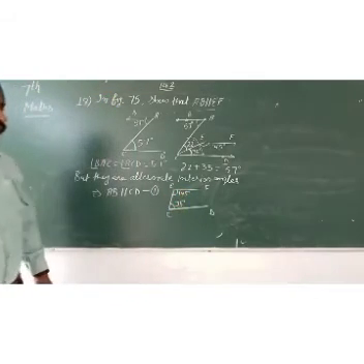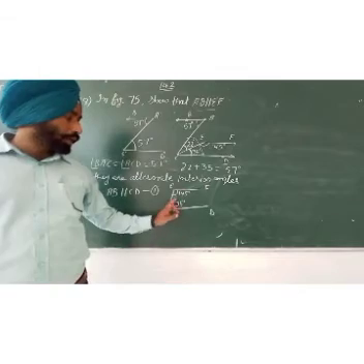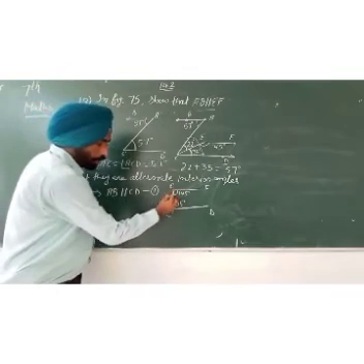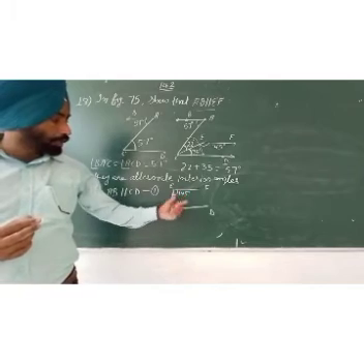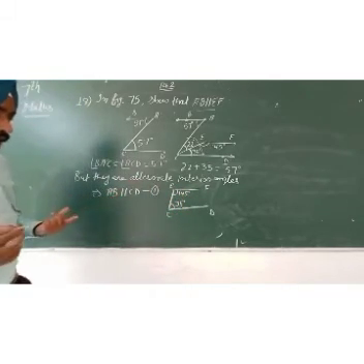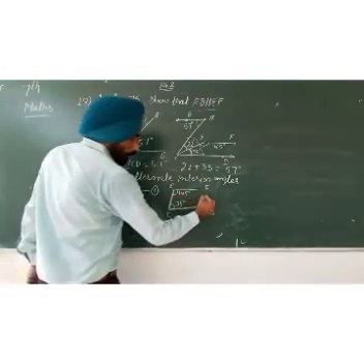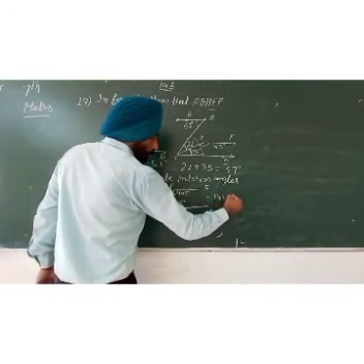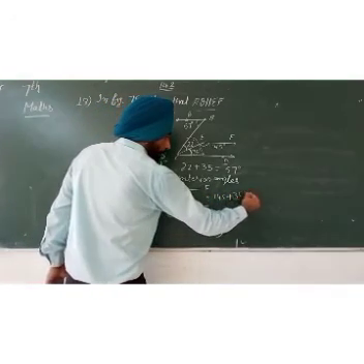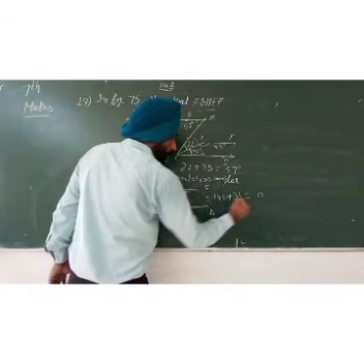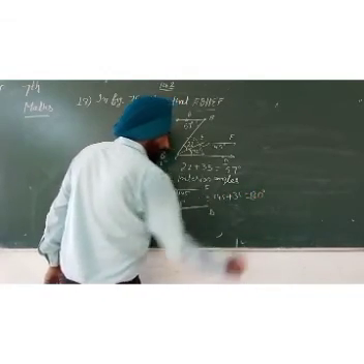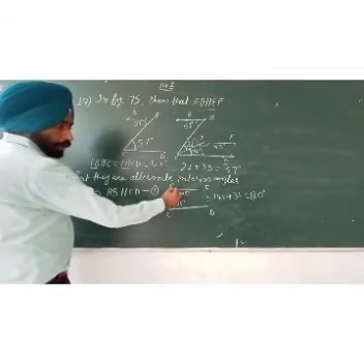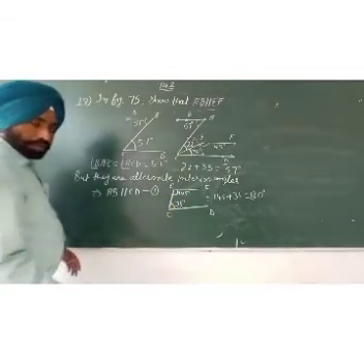Now beta, here EC is a transversal. If the sum of interior angles on the same side of the transversal is equal to 180, then EF will be parallel to CD. Check their sum. 145 plus 35 is equal to 180. The sum of these two angles is equal to 180.